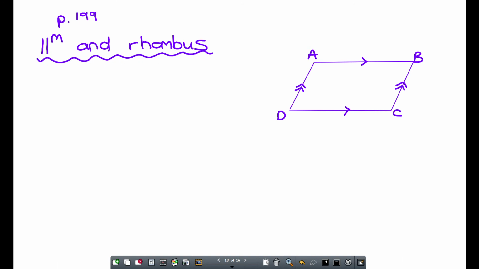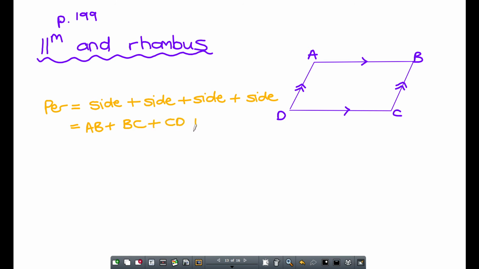Okay, so perimeter will be side plus side plus side. Meaning in this case it would be AB plus BC plus CD plus AD. There. Okay, we just go right around.